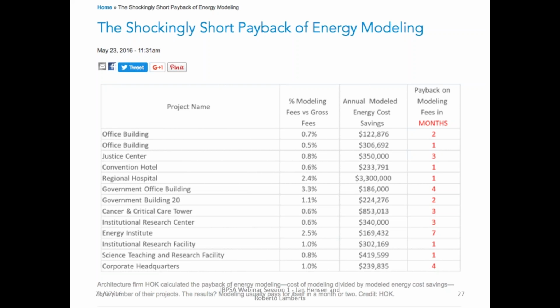And then you can see that the payback is really very, very soon. So also in economic terms, it's a very wise thing to do. Now I give back the screen to Roberto Lamberts, who will tell you more about the book.